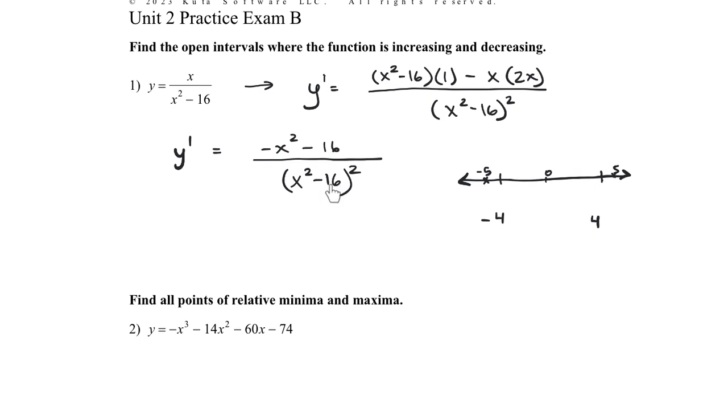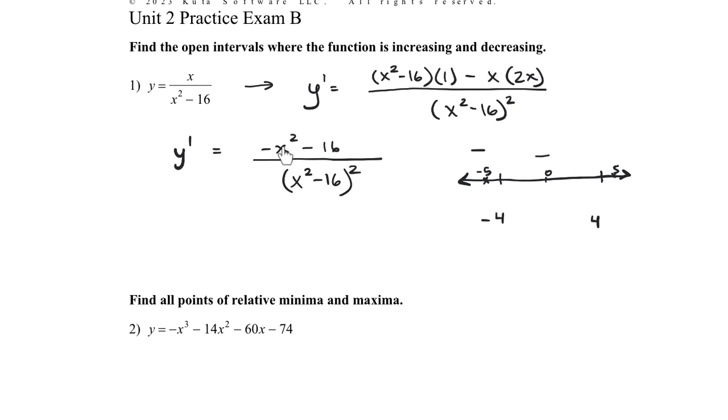The denominator is always going to be positive because whatever this turns out to be, it's going to be squared, which makes it positive. So we have a negative value divided by a positive value, which is negative. Now when we test 0, 0 squared times negative 1 is 0. 0 minus 16 is negative, divided by a positive is also negative.